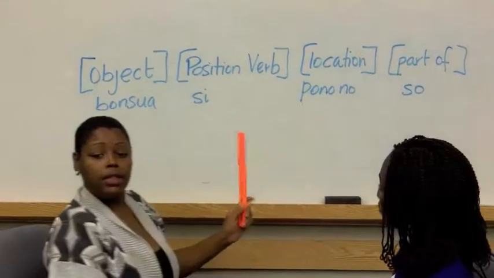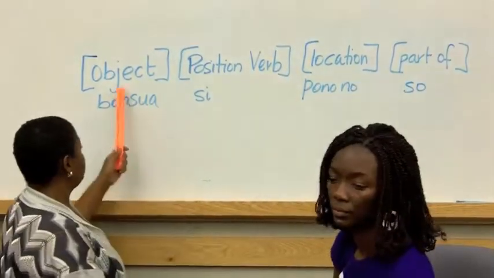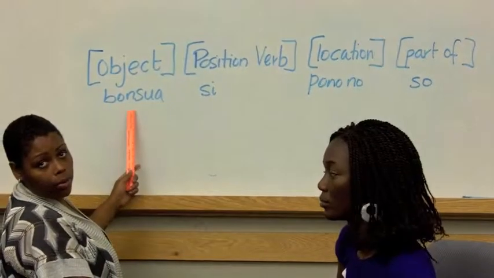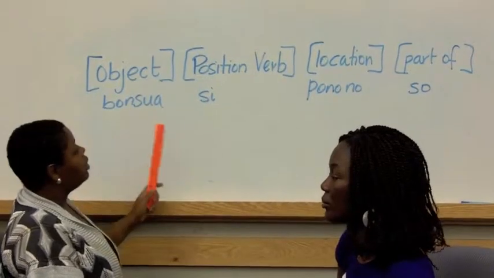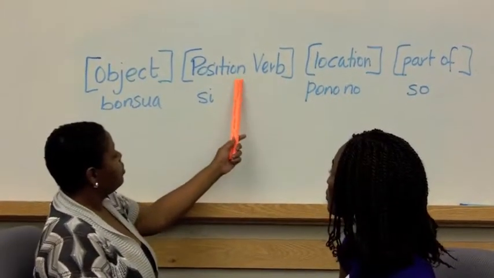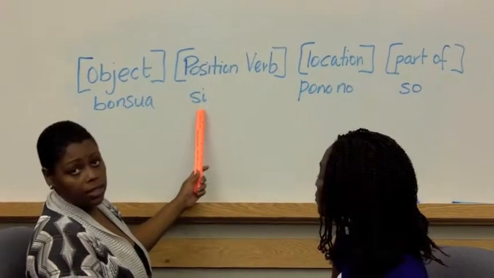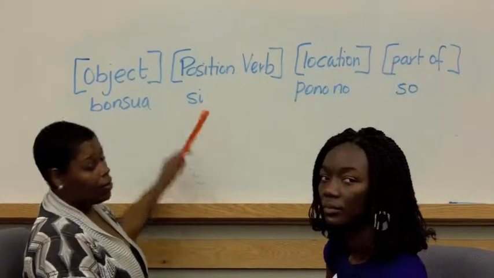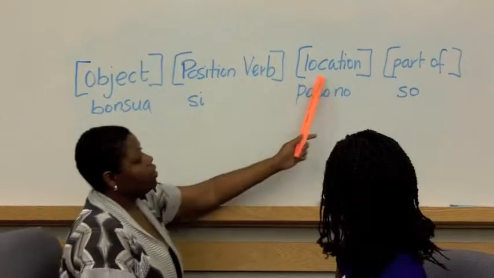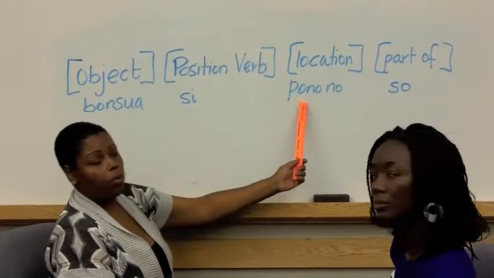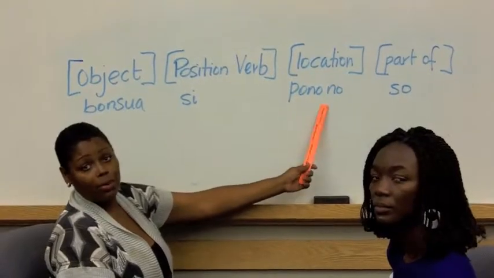So we put the thing that we want to describe in the object position. For example, it could be the cup, bonsia. We put the position verb next, which is si in this case, on its base. The location goes after it, which in this case we have ponono, which is the table.